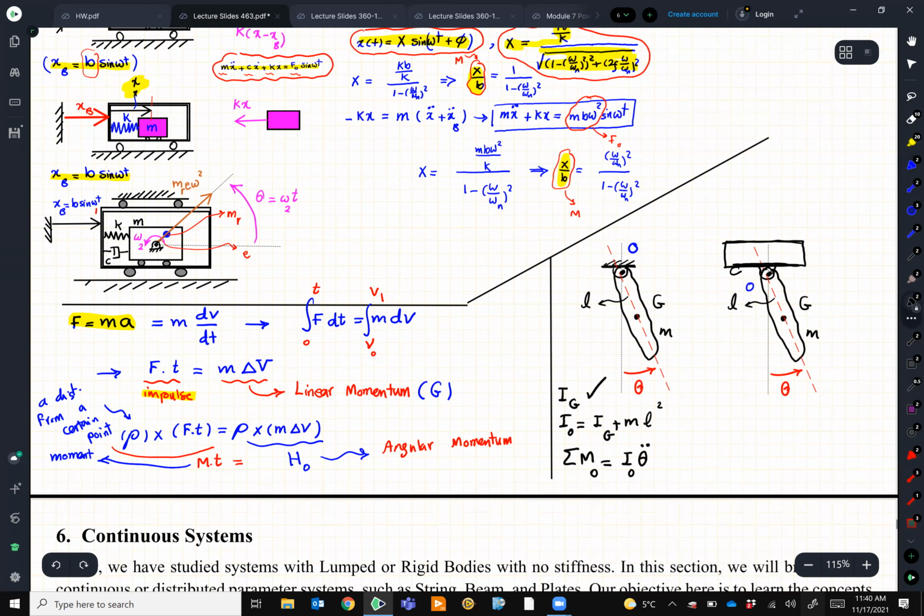Now this time, let's assume that point O is not fixed and it can move. And to make it even more interesting, let's say it moves with a base motion.